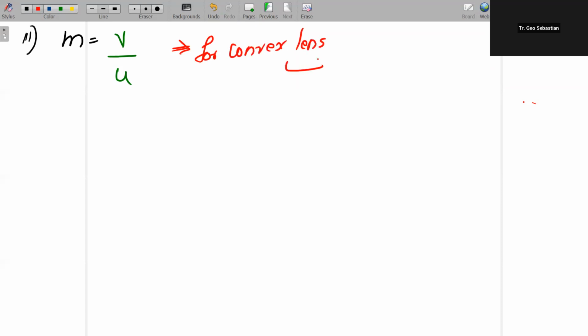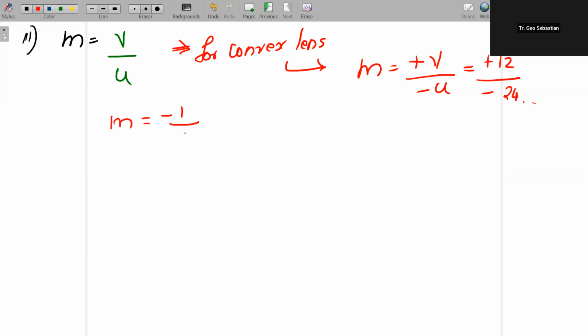M is equal to plus V by minus U. So plus 12 divided by minus 24. So you guys will get M is equal to minus 1 by 2, that is equal to minus 0.5. Children, during correction, we'll be checking the sign. This is very important. Got it? So those things you should refer perfectly.